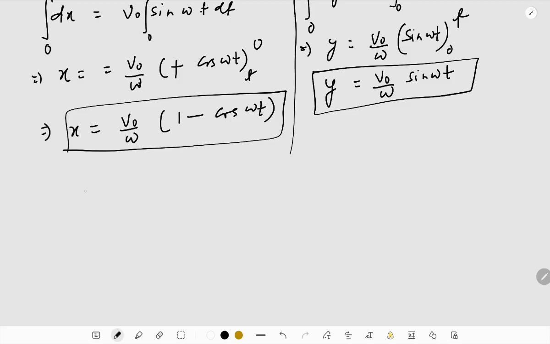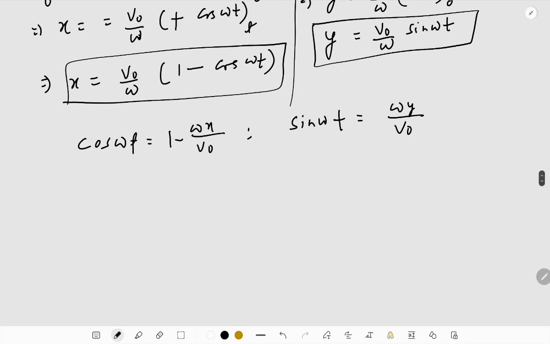So I can find here cos omega t is 1 minus omega x by v naught, and sin omega t is equal to omega y by v naught.